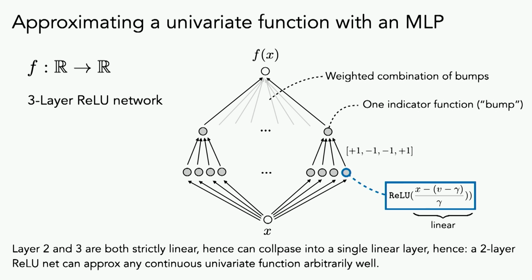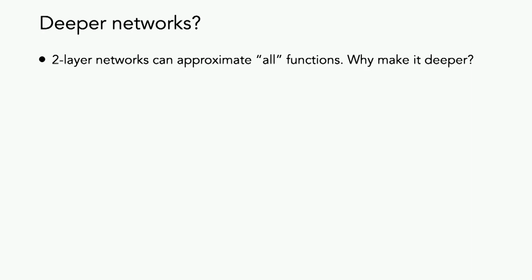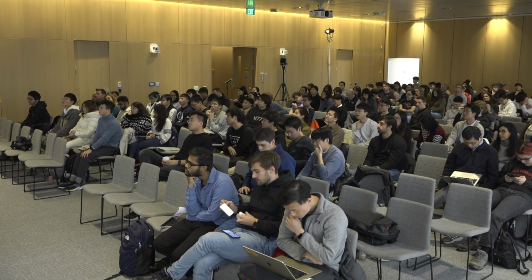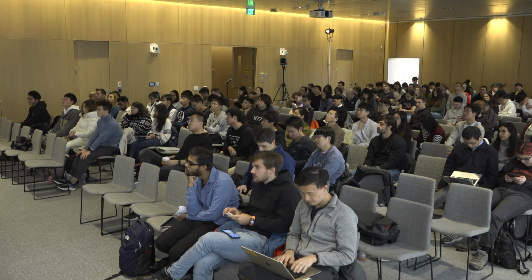Okay, so that's the basic proof, and you can actually find simpler constructions and so forth, but they require a little bit more math. So this is an easy one to construct that shows universality. Okay. Questions about that? Simple construction that shows that a neural network with enough neurons can approximate any continuous scalar-to-scalar function.